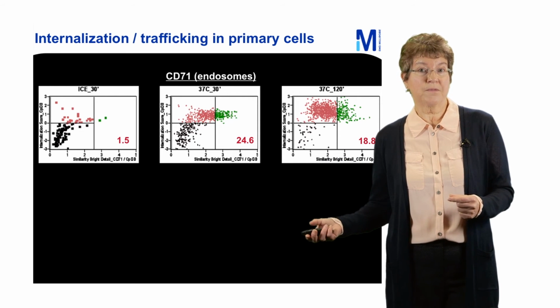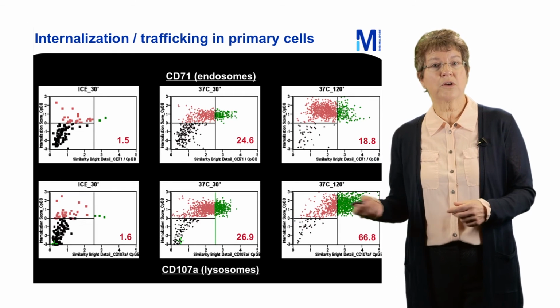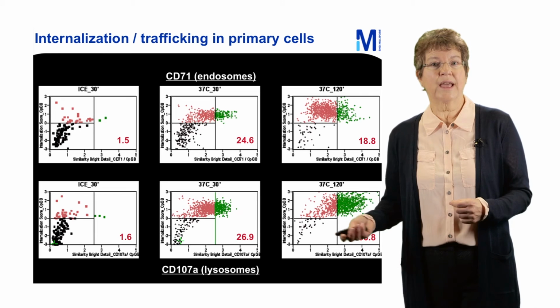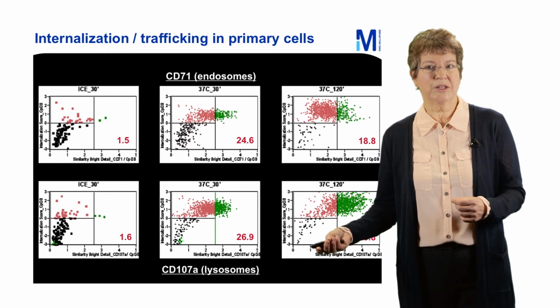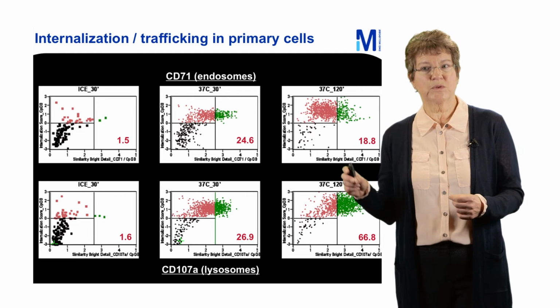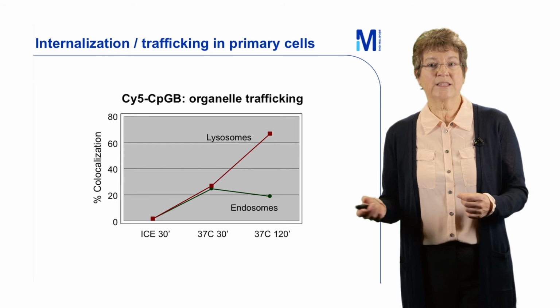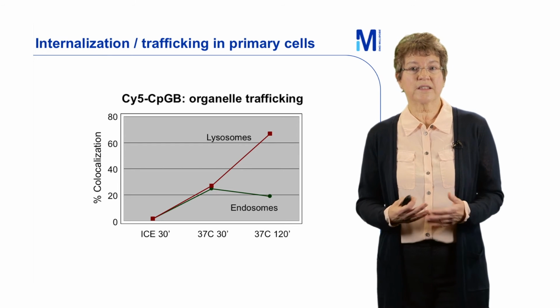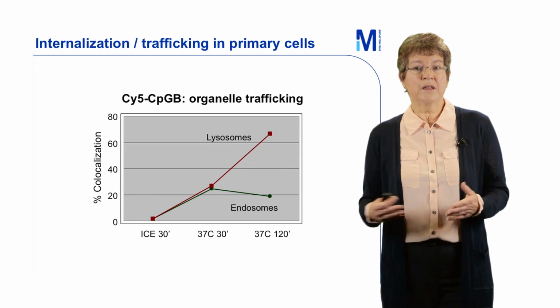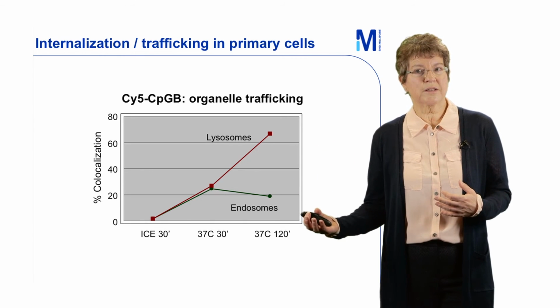So it's going down over time. That's because they have now colocalized into the lysosomes, a later time point in the incubation, where we're going from 27% at 30 minutes to 67% at 120 minutes. And so you can look at trafficking like this. Over time, the CpG molecule is going into the endosomes and then moving into the lysosomes.